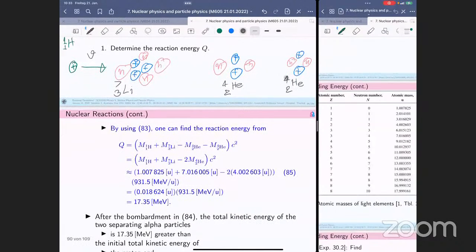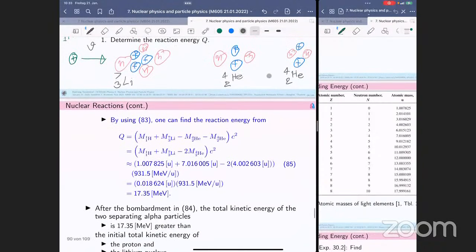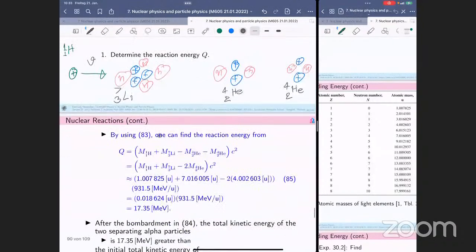But anyway, after the bombardment, after the calculation, we find that the mass difference is positive. So the released energy should also be positive, and the summation of the kinetic energy of these two particles should be greater than that on the left-hand side.